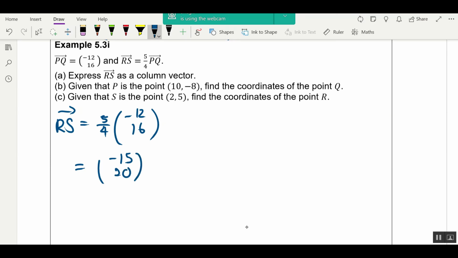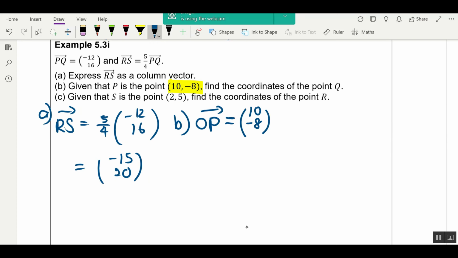Scalar multiplication: multiply the 5 over 4 to both the x and the y. P is a point. Okay, so converting coordinate. So this is a coordinate. I convert this coordinate to a vector form. It must always start with O, as long as you are a coordinate. That will be 10, negative 8.